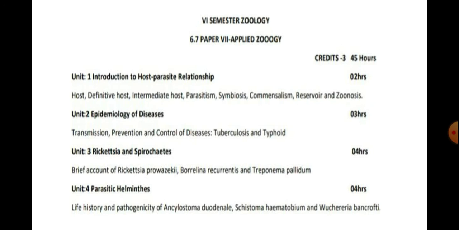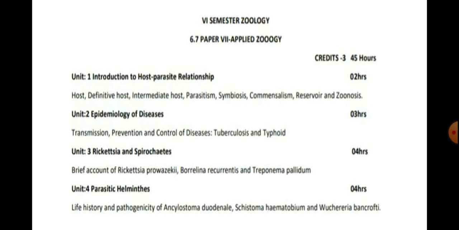Next, unit 4 is parasitic helminths. You have studied helminths. There are two non-chordate phyla of helminths, platyhelminthes and aschelminthes. In platyhelminthes you have studied flatworms, and in aschelminthes you have studied roundworms. Here you'll see some of the helminths which are parasites. You will study the life history of the helminths, and then pathogenicity.